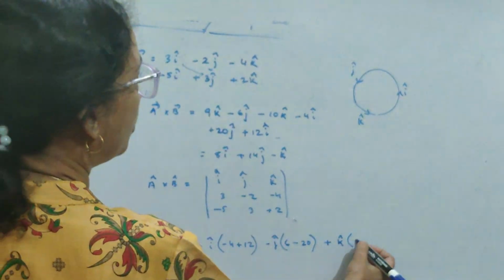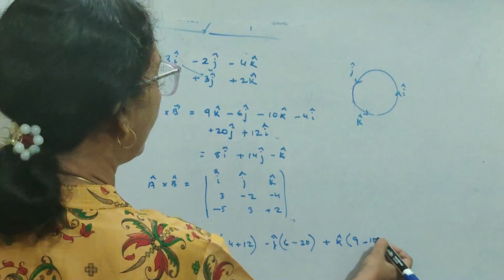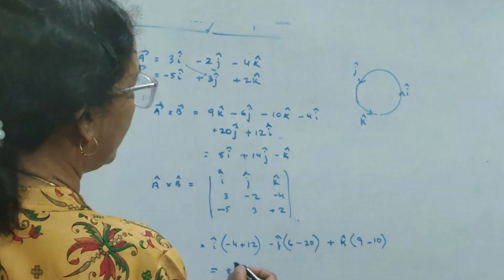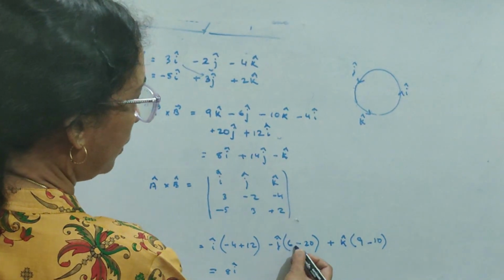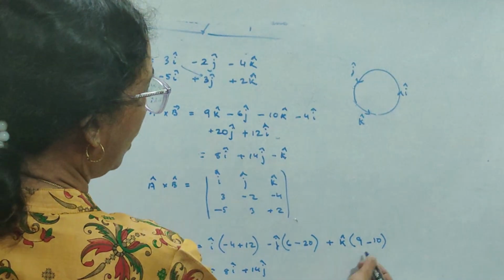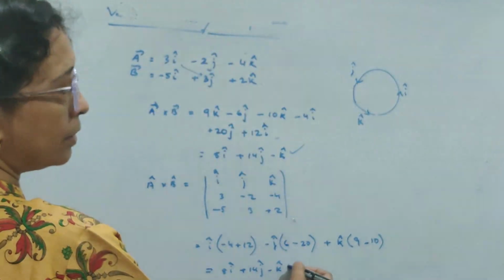So now I have 3 into 3, 9, minus 3 into minus 5, that is 10. So you see we get the same answer: 8i plus 14j and minus k. We get the same answers.